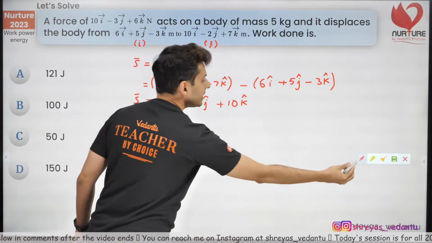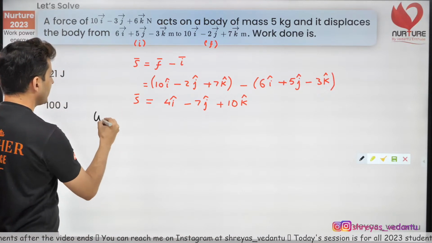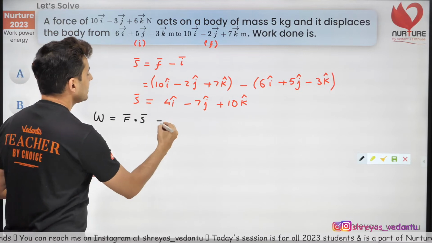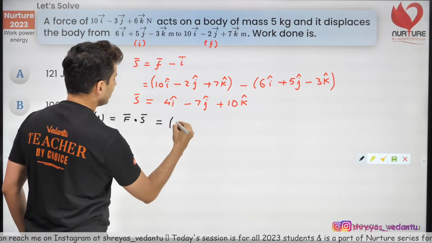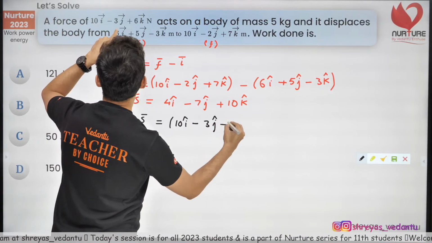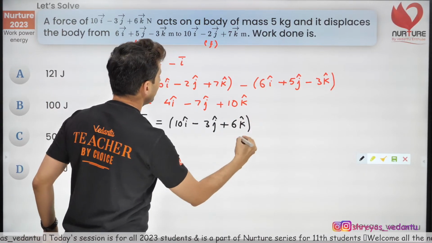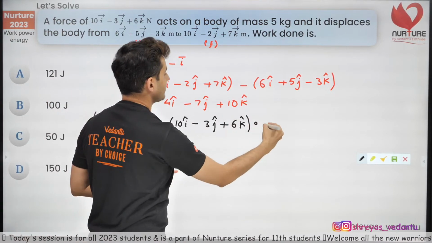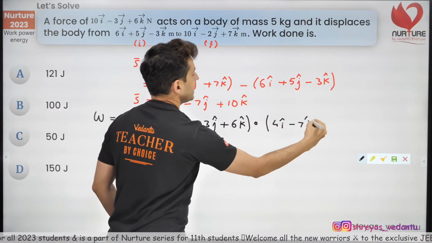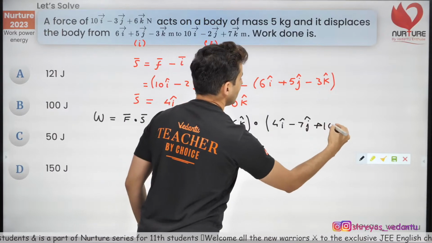Now the last thing, that is work. Work is F vector dot S vector. The force is 10 i cap minus 3 j cap plus 6 k cap, dot this displacement, which is 4 i cap minus 7 j cap plus 10 k cap.